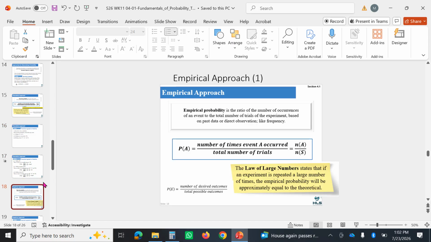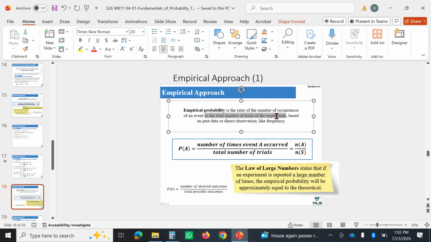So let's have a look at empirical. Remember, if I want to roll a 5, theoretically there's a 1 in 6 chance. But empirical probability is the ratio of the number of occurrences of an event to the total number of trials of the event. So here we're talking about real life data, based on past data or direct observations, like frequency.